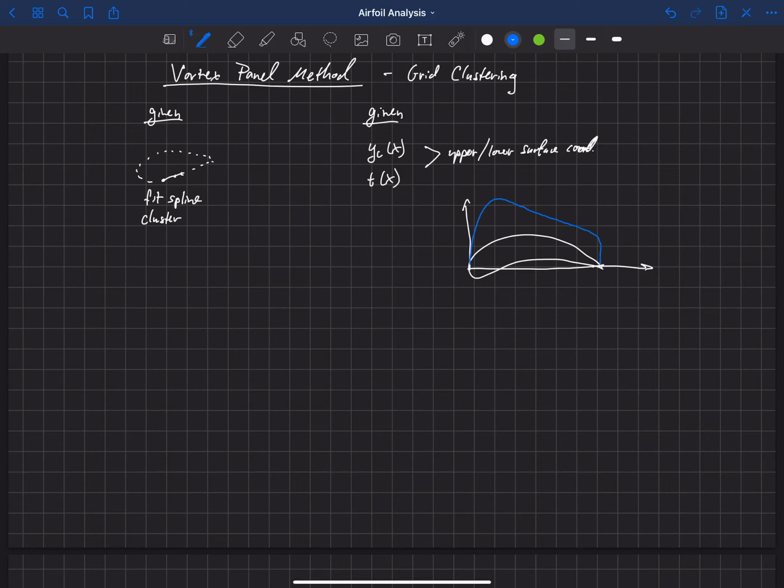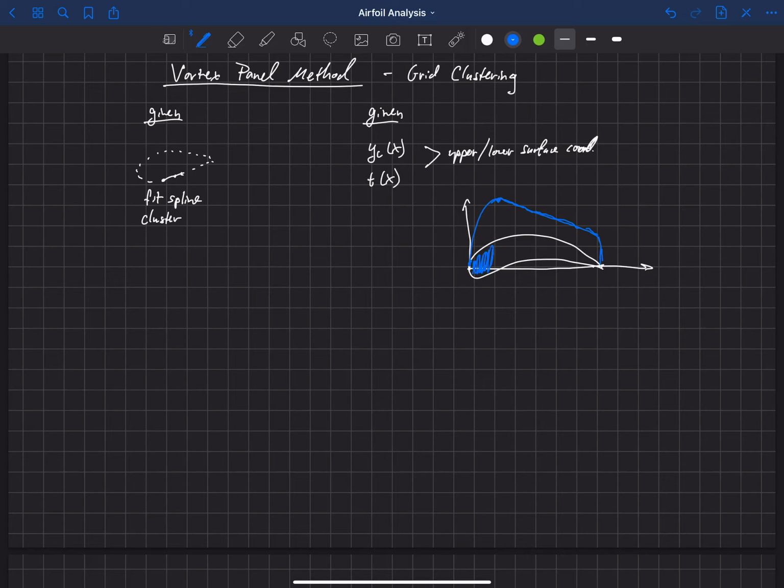So this peak here would be a very negative pressure. It's just convention. We flip the y-axis when we plot pressure. So a lot of pressure profiles look something like this, where we have a rapid decrease in pressure right here, right at the leading edge, and then we increase in pressure slowly, and then at the trailing edge, it drops off rapidly again.